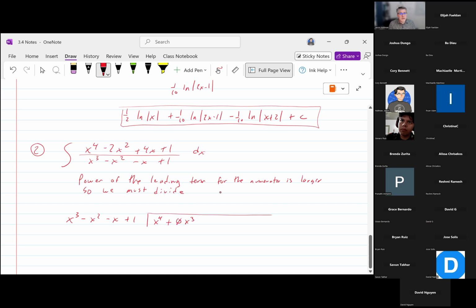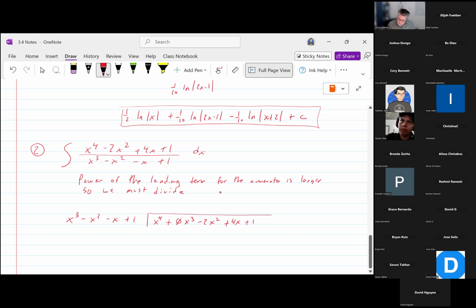I have to take into account that every power of x will have a place value, and so we must put in the x cubed term. Okay, minus 2x squared plus 4x plus 1.